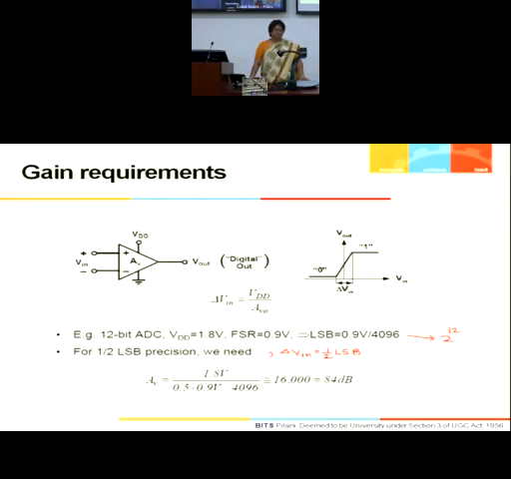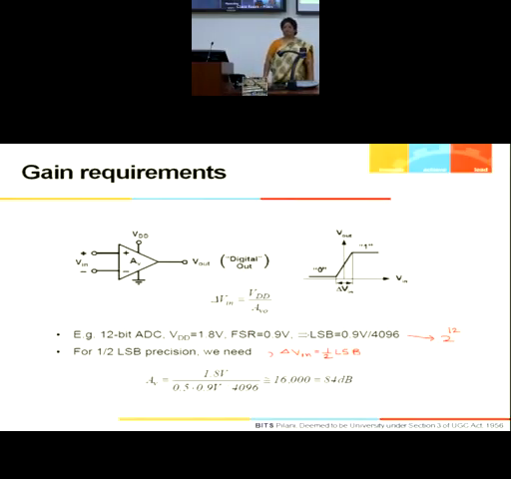So now two things are very clear to me: how much gain I should have for this 12-bit ADC and how much it should be my 3 dB frequency. And if I go for a single pole response, how much should be my UGB? If I go for an op-amp architecture which has a single pole response, which is acting like a comparator, how much should be my UGB?